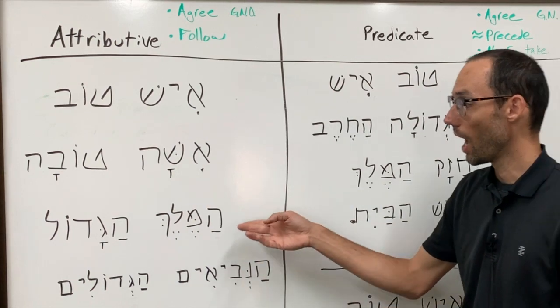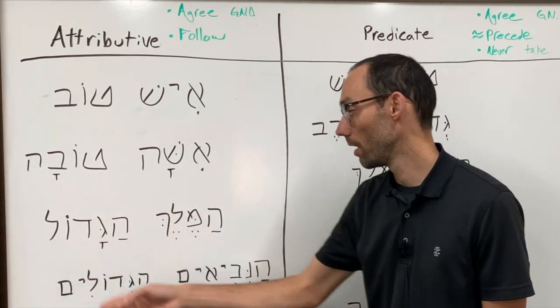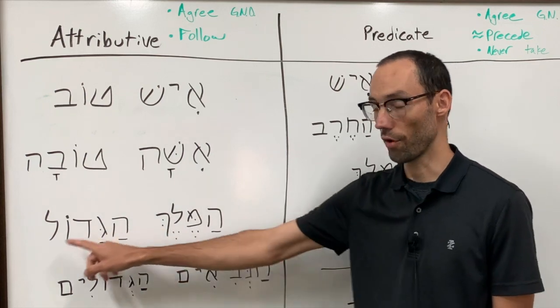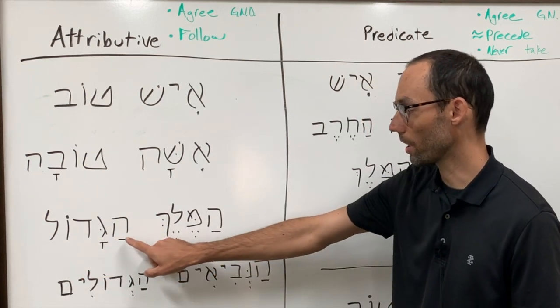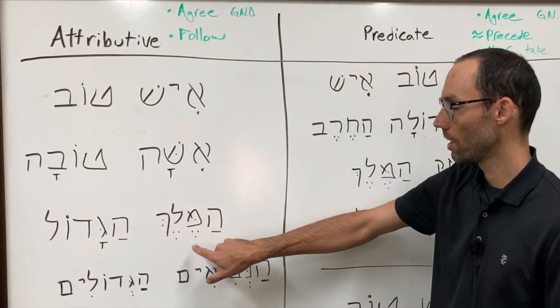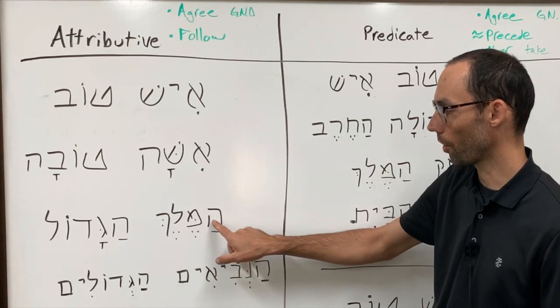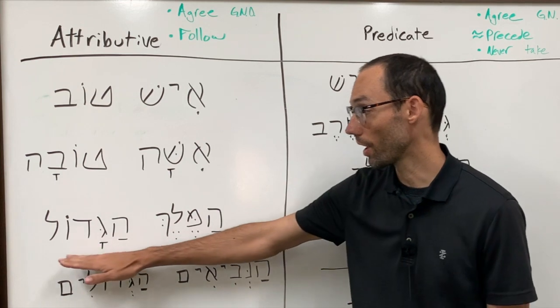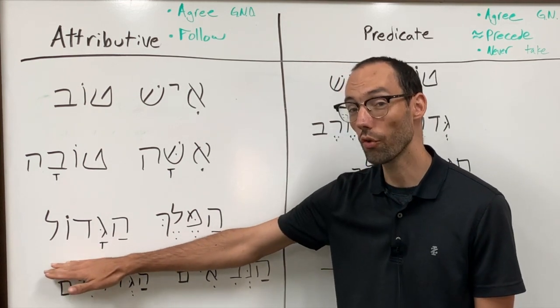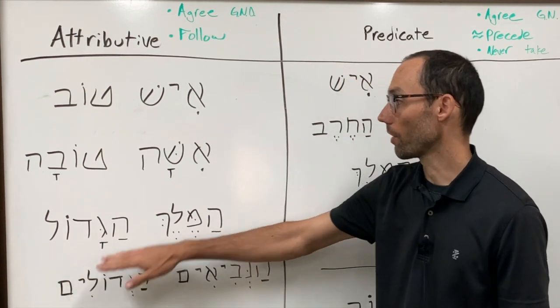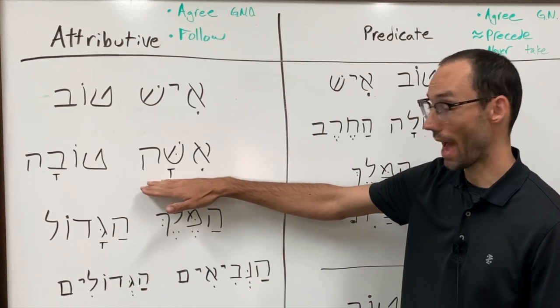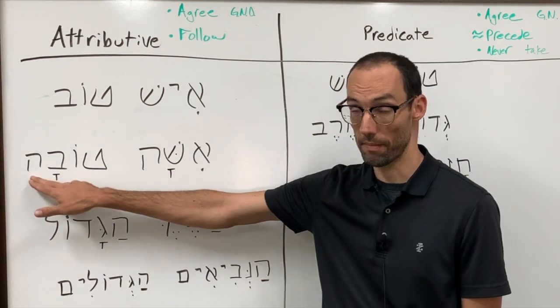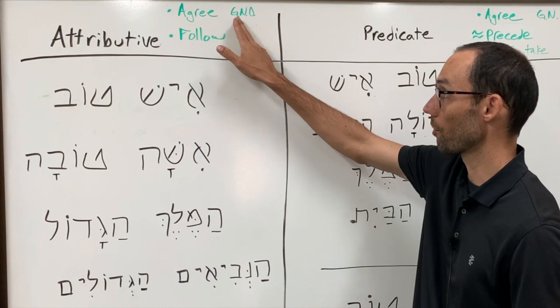And then we've got Hamelech, Hagadol, the king, the great one. Do you see how it agrees in definiteness? You've put an article on the noun, so the adjective needs to also get an article. So here we had a feminine noun, and so the adjective had to be feminine. So it agrees in gender, number, and definiteness.